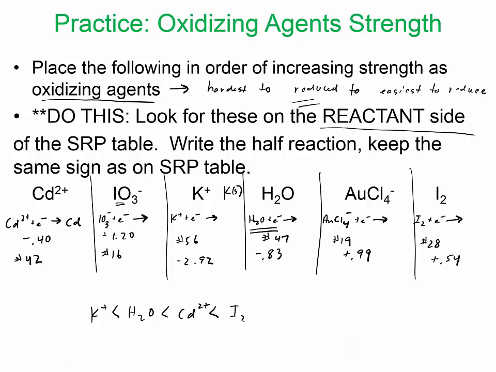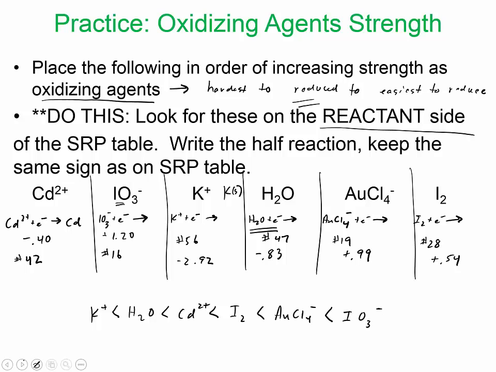Then we have I2, then AuCl4-, and then finally we have IO3-. So this is the correct order, in increasing strength as oxidizing agents.